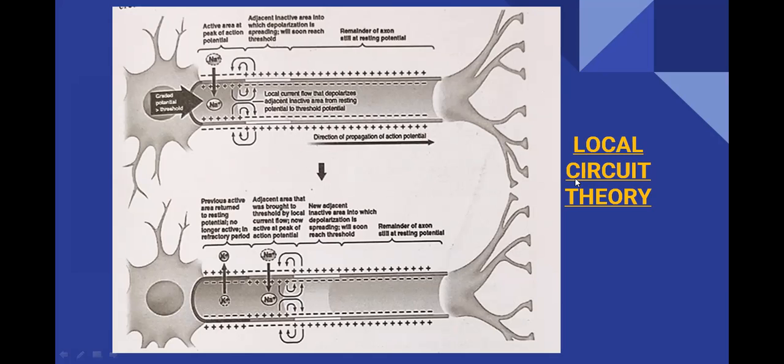In this way, in the form of local circuits, the nerve impulse travels to the end part of this neuron. So this is local circuit theory, which explains how the nerve impulse is transmitted throughout the length of the axon and transferred to the telodendrites region in non-myelinated neurons.